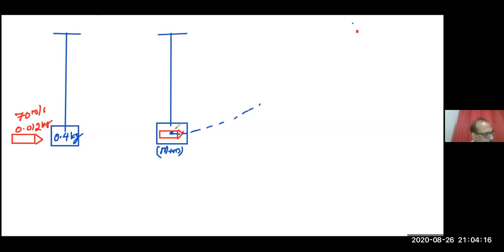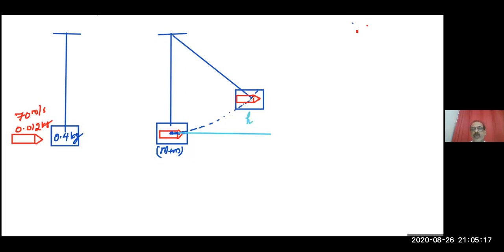Continue. The block is suspended from the ceiling by wires.